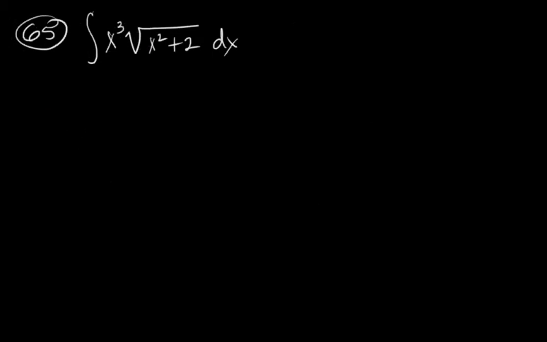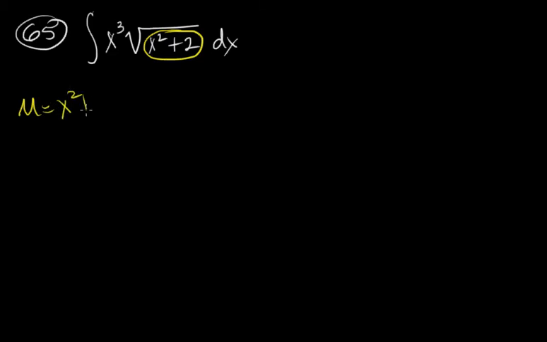Number 65, again, I always try to choose u to be the inside function. I'd like that to be u to the 1/2. I see right away that my du is going to have just one factor of x, and I have 3 of them here, so there's going to be a problem. But let's just see if we can turn it all into terms of u and make it a u integral.